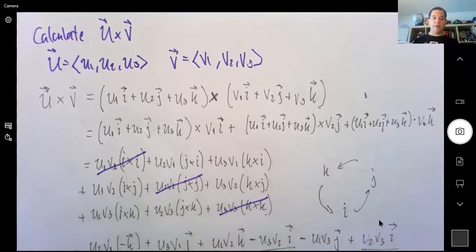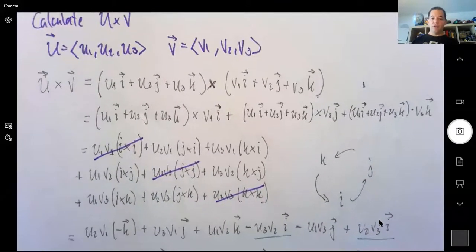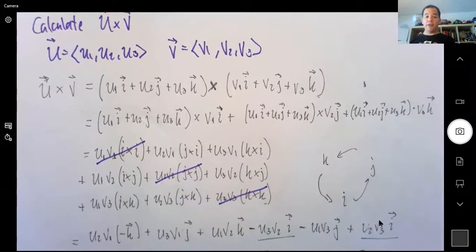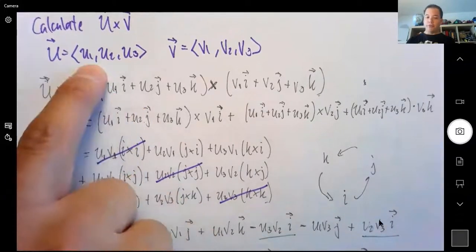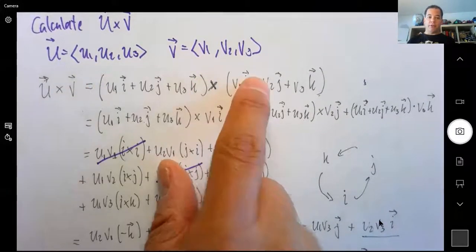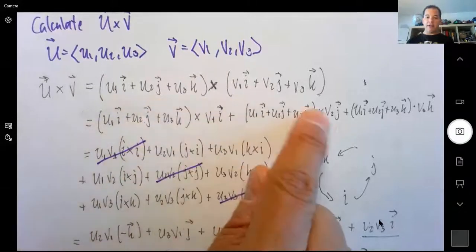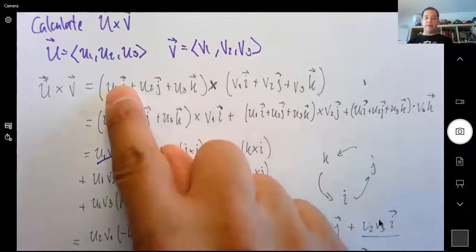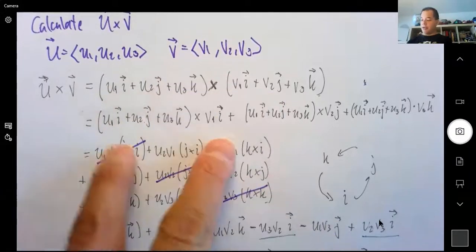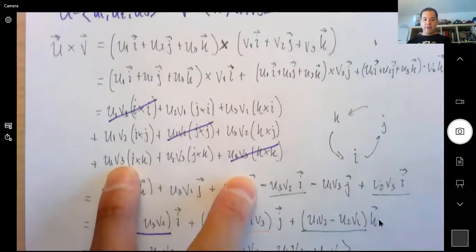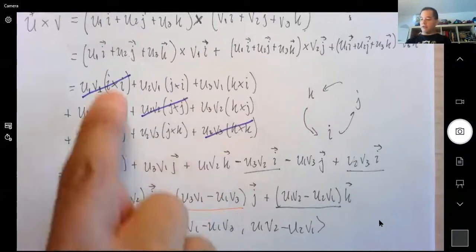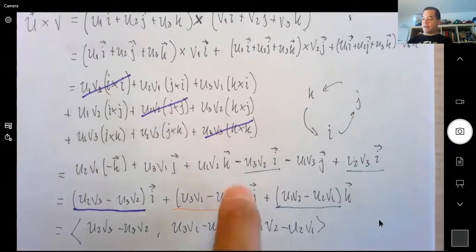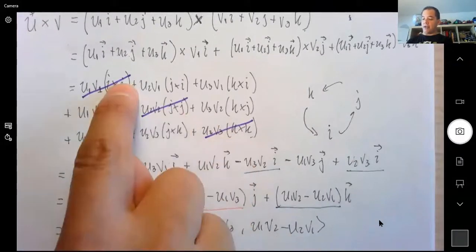And thanks to that, we could also use the distributive property. So we write our vectors u1, u2, u3, v1, v2, v3 with i, j, and k, like here. Then we just FOIL it, right? Multiply everything with everything here. We got this list. And here, all these cross ones are 0 because they're kk, jj, or ii.